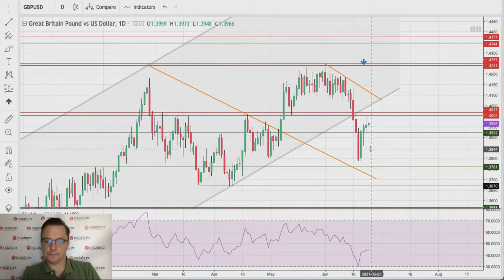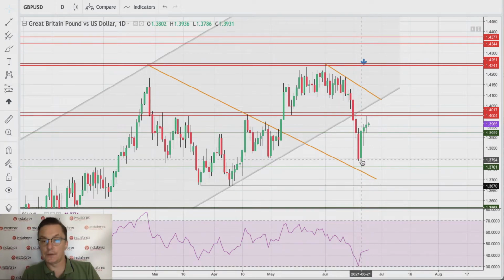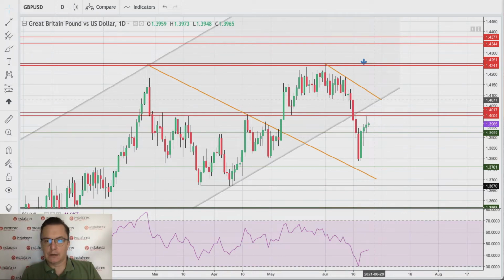And now the question is whether the bounce from these oversold conditions, 30 points on the RSI, is something that happened just one-off, or this is a genuine bullish engulfing and a trend reversal back into the channel.